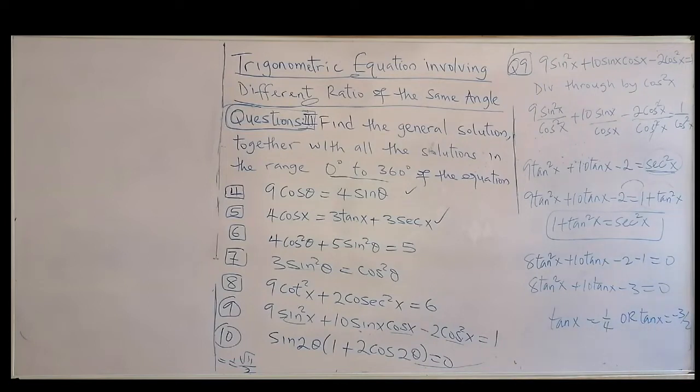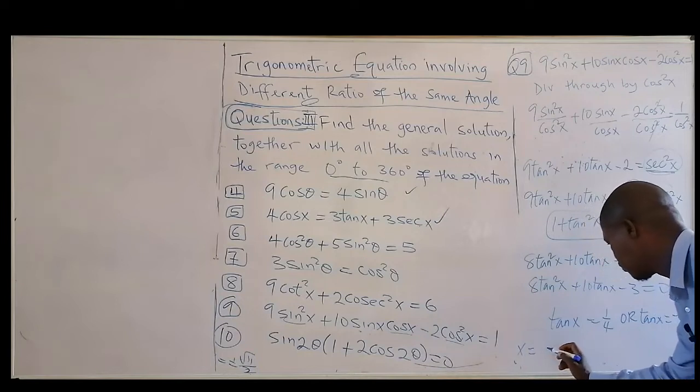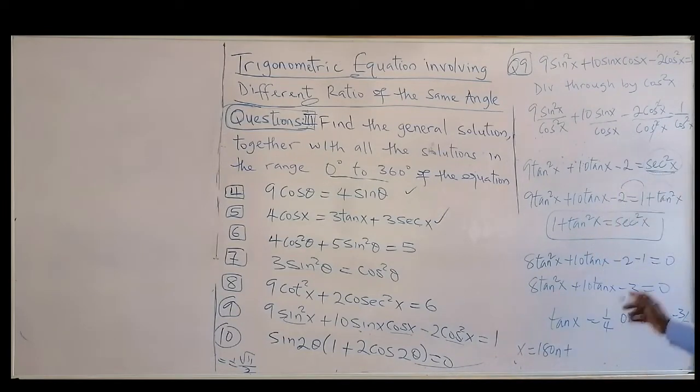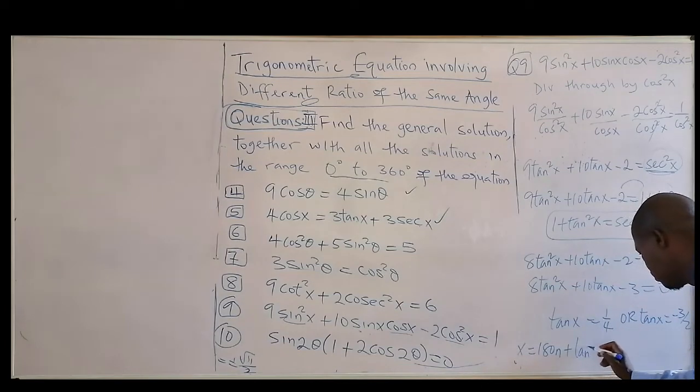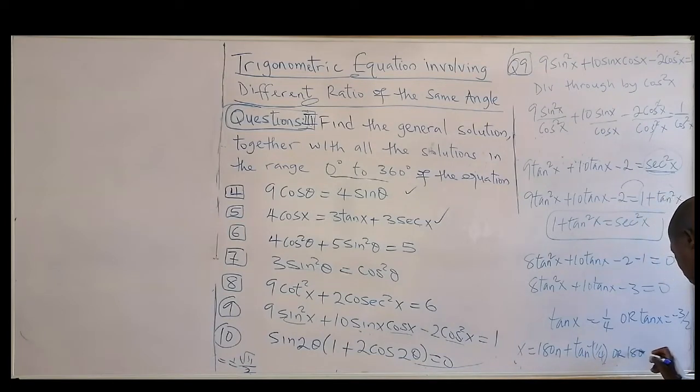So the general solution will be x equal to, for tangent, 180n plus arctan 1 over 4, or 180n plus arctan minus 3 over 2. Let's check arctan minus 3 over 2.